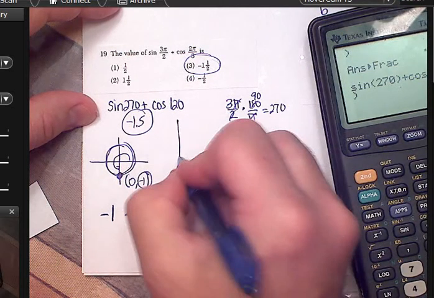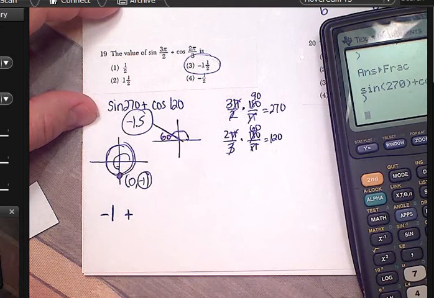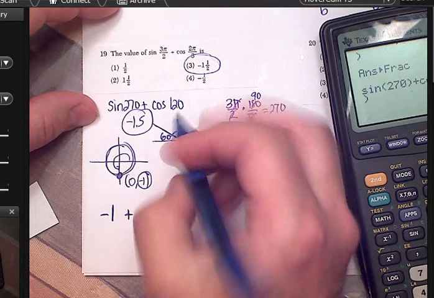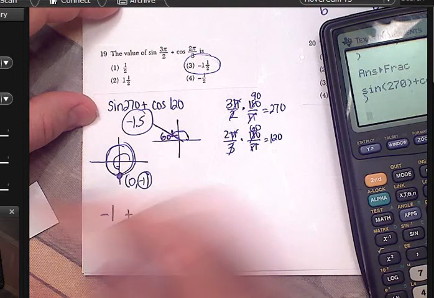Well, again, the cosine of 120, we're going to rotate this 120 degrees. Remember, we need a reference angle. The reference angle is how far that angle is from the x-axis, and that's going to be 60 degrees.